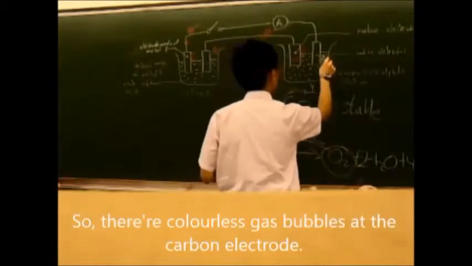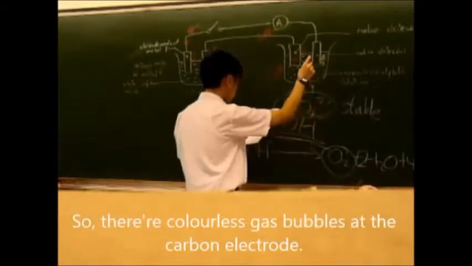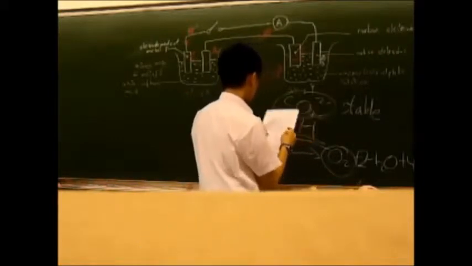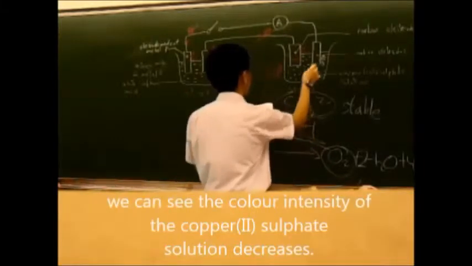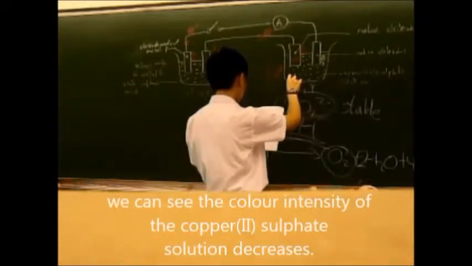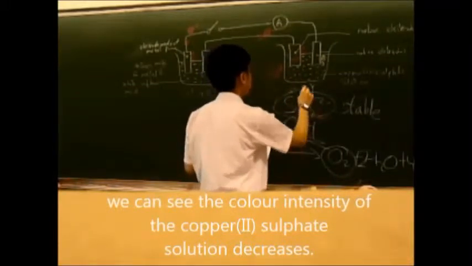So there's colorless gas bubble at the carbon electrode. And the next situation is, we can see the color intensity of the copper 2 sulfate solution decrease.